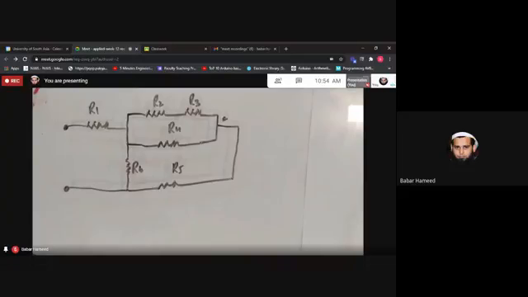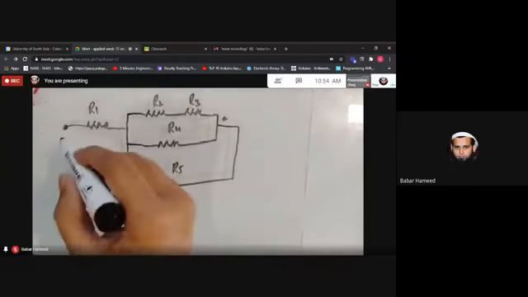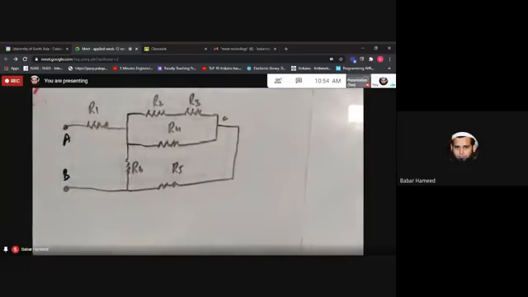But if you look at a smaller portion of the circuit, you will never get confused. Solve in chunks. Pick the chunk of the circuit that I can solve without creating any disturbance to the connection of other resistances.